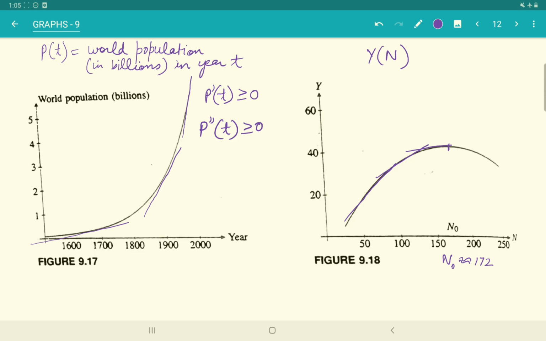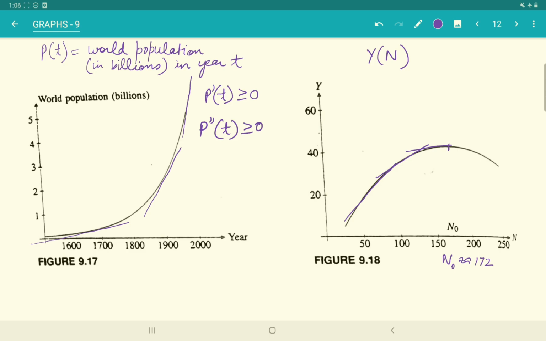So as we keep on approaching n naught, we see that the function is increasing. When we move towards n naught, as we increase the number of pounds of fertilizer per acre of land, the production of wheat is increasing, but the rate of increase is decreasing, as in the production of wheat is increasing at a decreasing rate.